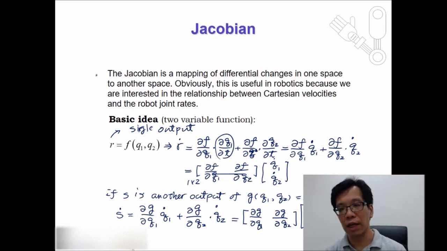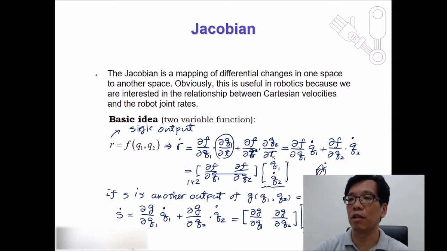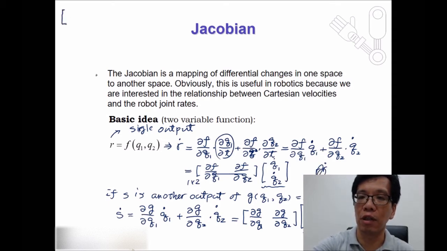Okay, you might notice that there are some similarities between those two representations. They both have the same input, q1 dot and q2 dot. And the format of the components over here is the same, which means we can put both of them together by putting r dot, s dot over here.